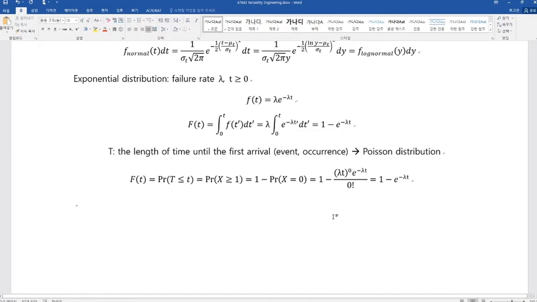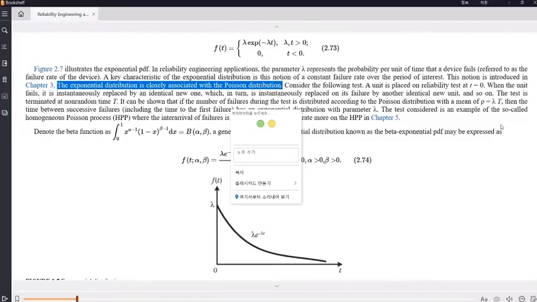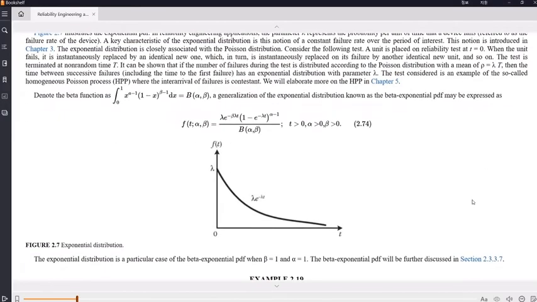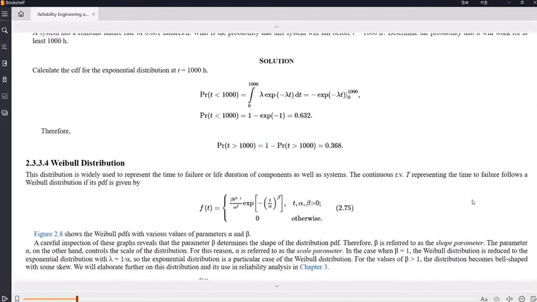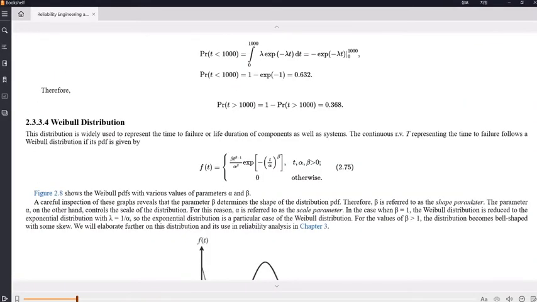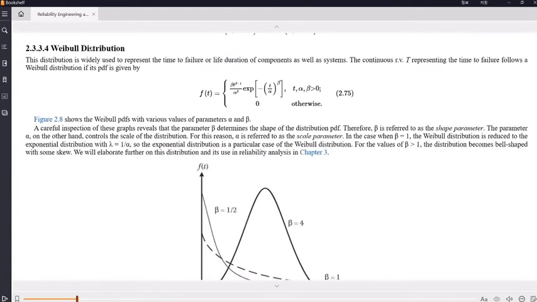After these three distributions, the third one was exponential distribution, and after that we have this Weibull distribution.